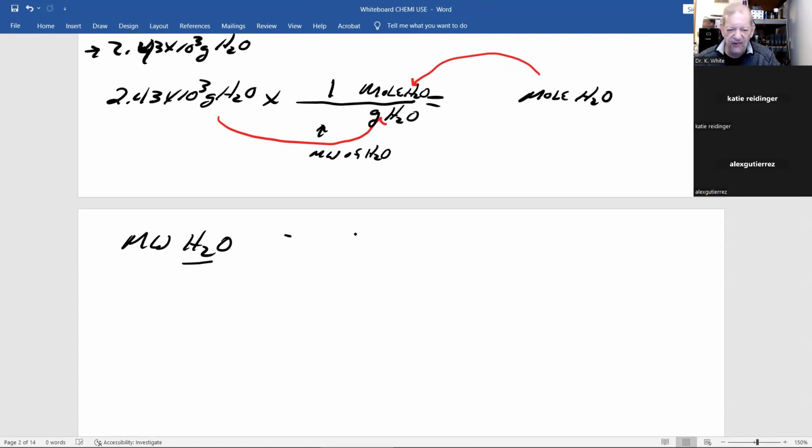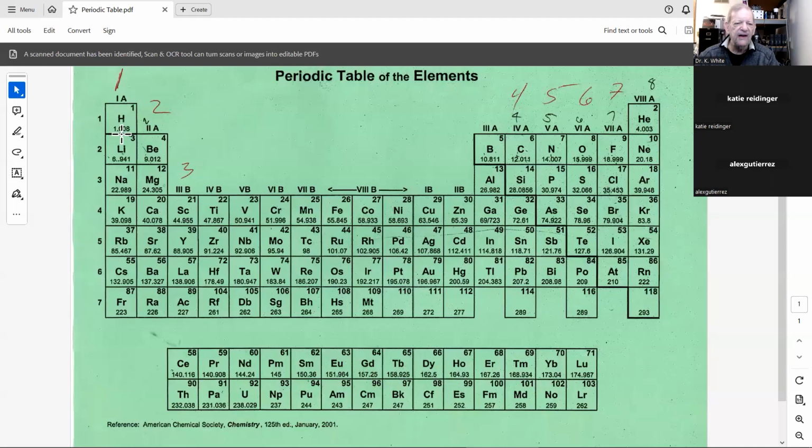Well, there are 2 hydrogens and 1 oxygen. Where do we get those atomic weights? From your periodic table. Now, on test 2, as I've mentioned in the video, it will say, please use all atomic weights to 3 significant figures.